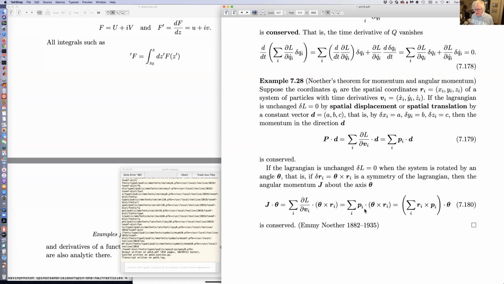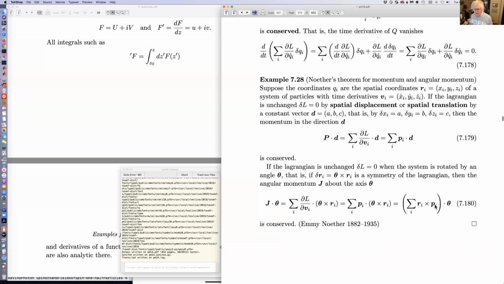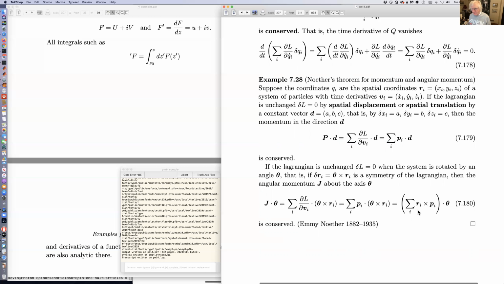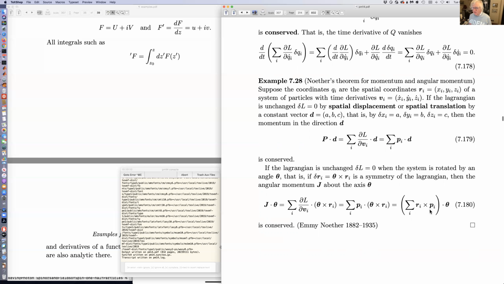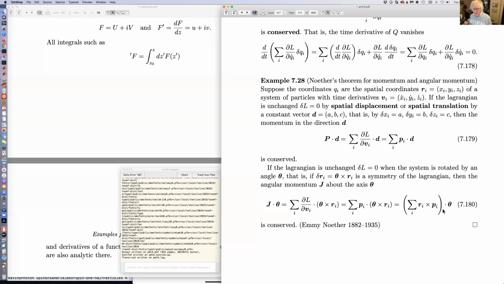So after the massage, we get PI dotted into theta cross RI. We then get R cross P, that's angular momentum, dotted into theta. This is the thing then that's conserved.